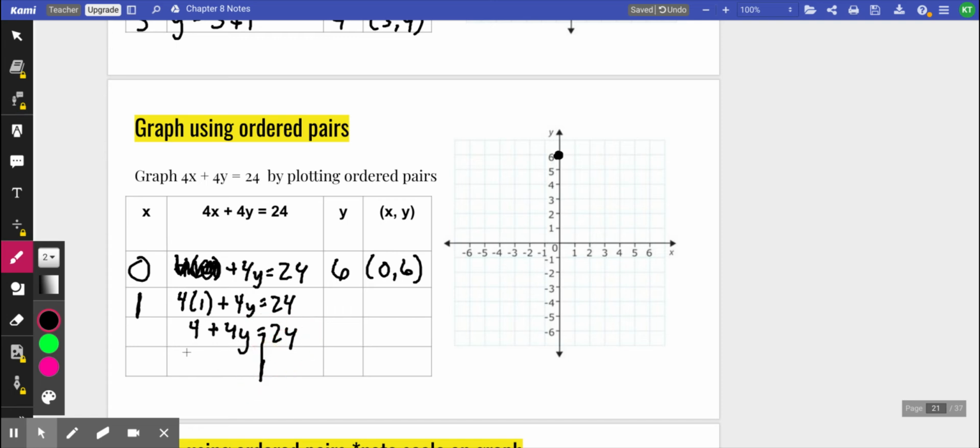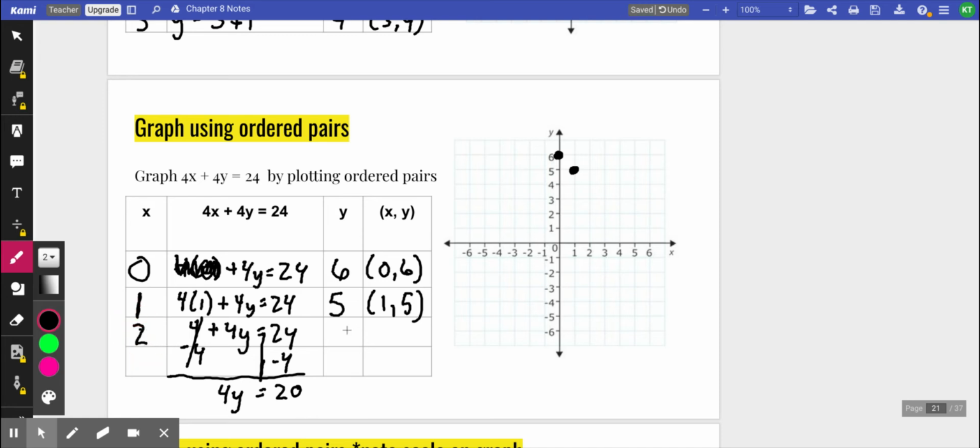Now I've got to solve this for y. I'm going to subtract 4 from both sides, and I get 4y equals 20. So when I plugged in 1, y is going to equal 5. So the point is (1, 5). When x is 1, y is 5.